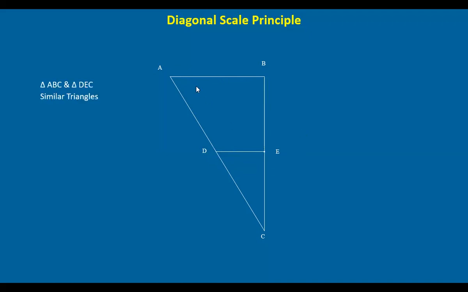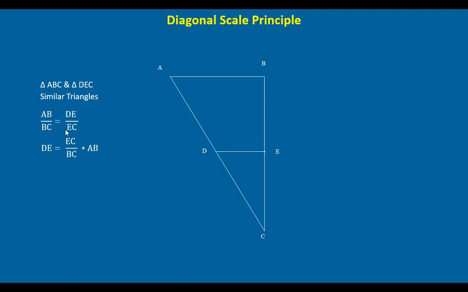Now, if you observe, ABC and DEC are two similar triangles. By the property of similar triangles, AB by BC is equal to DE by EC. So DE is equal to EC by BC into AB.